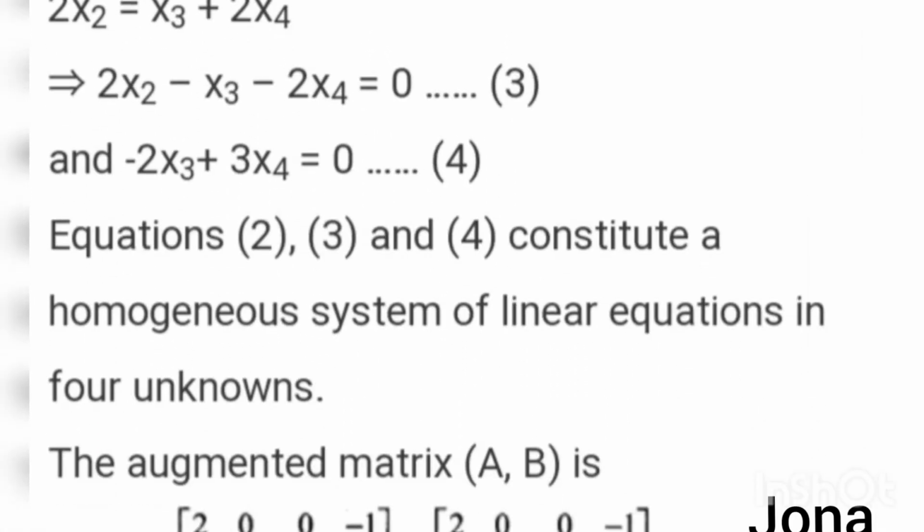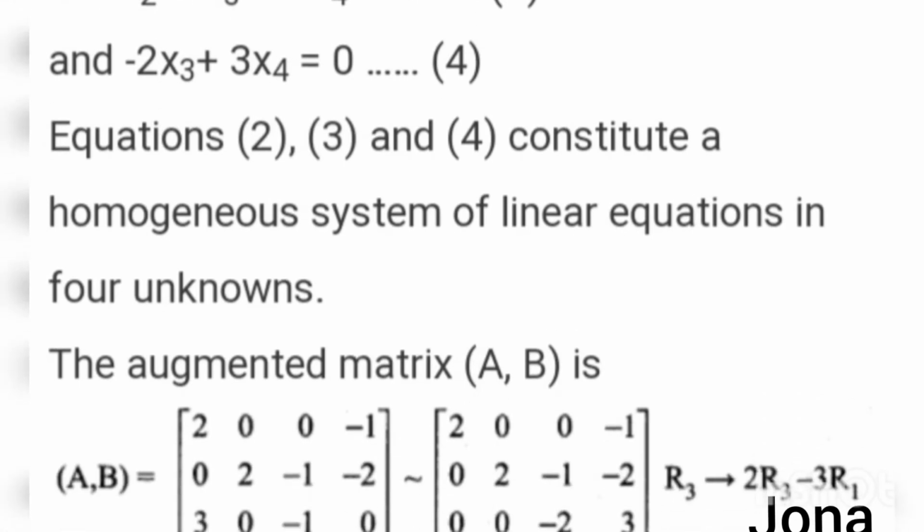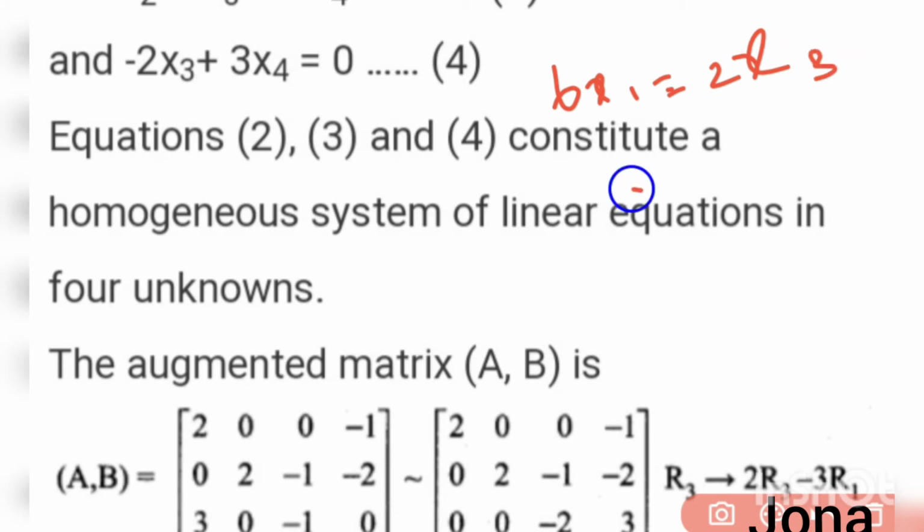So now we got the equations. Hope you understand this. 6x1 equal to 2x3. This 6x1 can be written as 3 into 2x1 equal to 2x3.